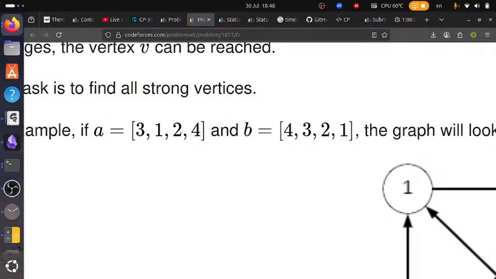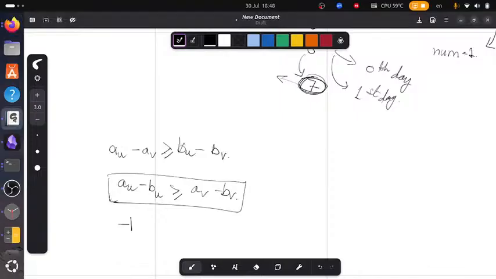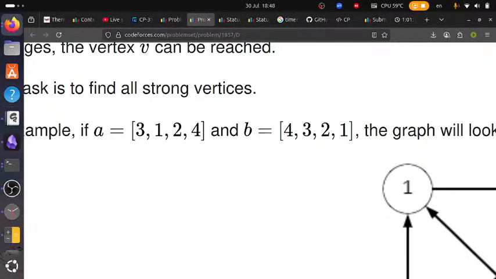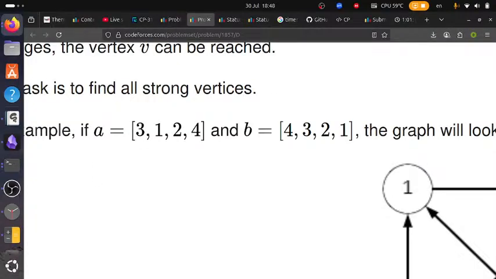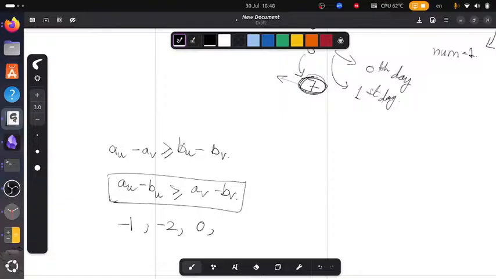And then 1 minus 3 is again minus 2, sorry. And then 2 minus 2 is 0. And then 4 minus 1 is 3.